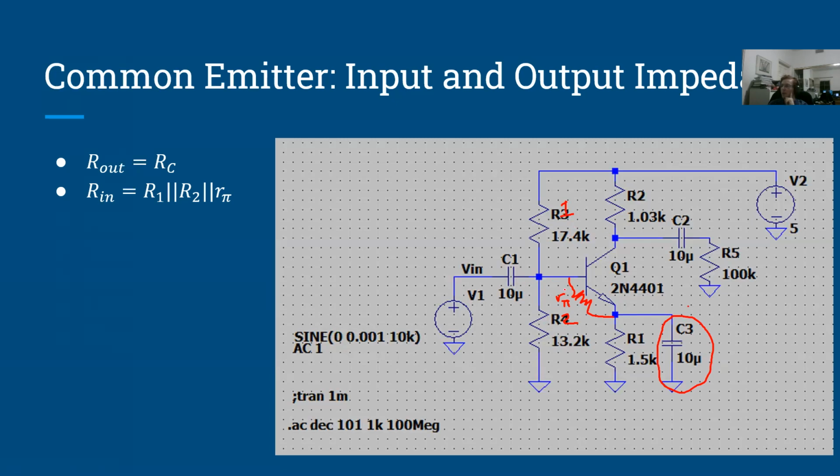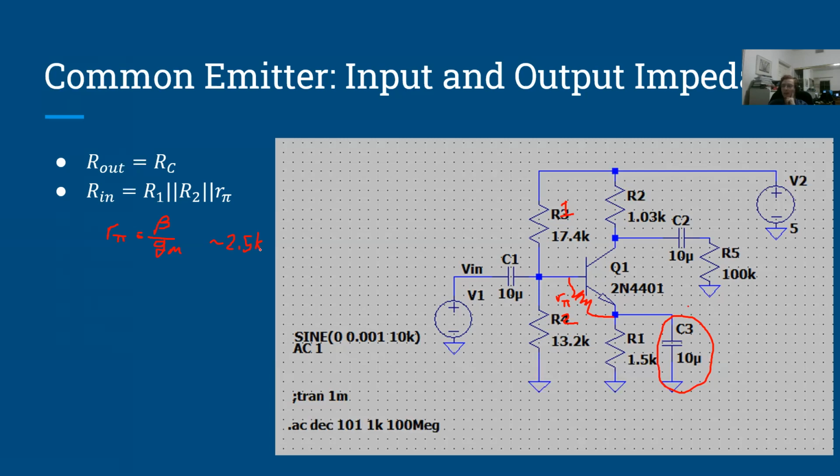R pi, remember, was equal to beta over GM, and at 1 milliamp collector current, this is roughly equal to 2.5 kiloohms. We can't do anything about that. That's just what it is.